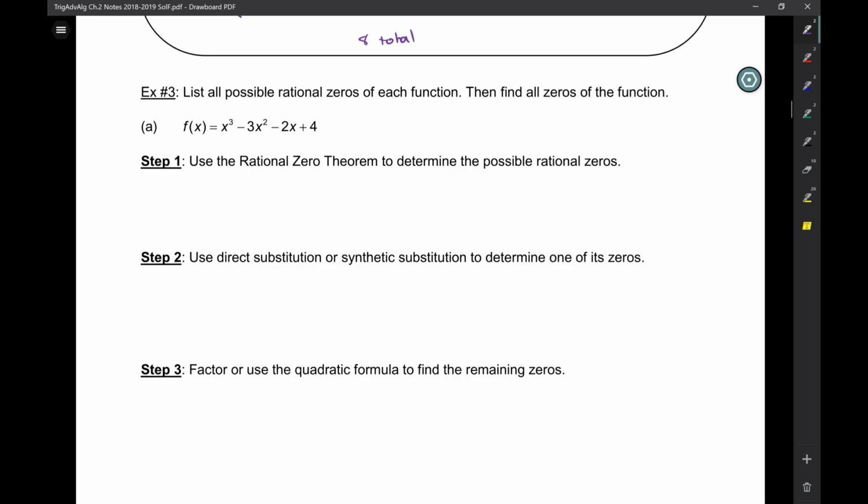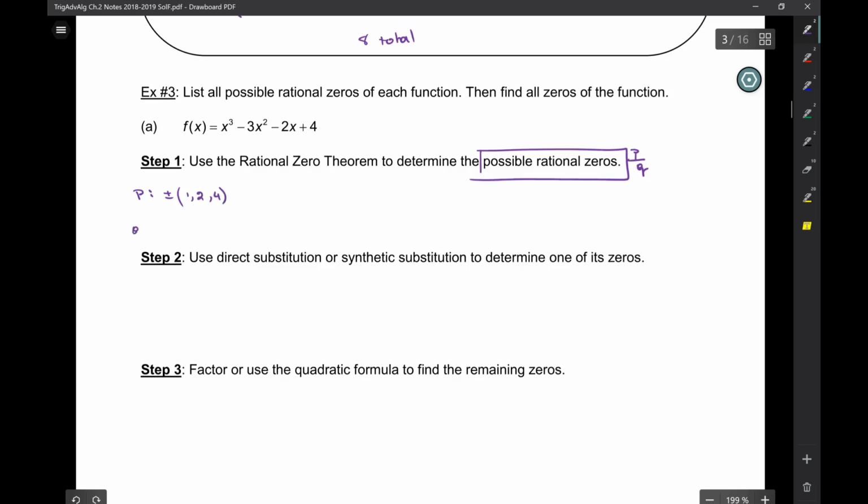Okay, let's find all the zeros here. Can we determine the P over Q? All right, so when it says the possible rational zeros, that means P over Q. So let's see. For P, we need factors of 4. It's going to be plus or minus. What are the factors of 4? Right.